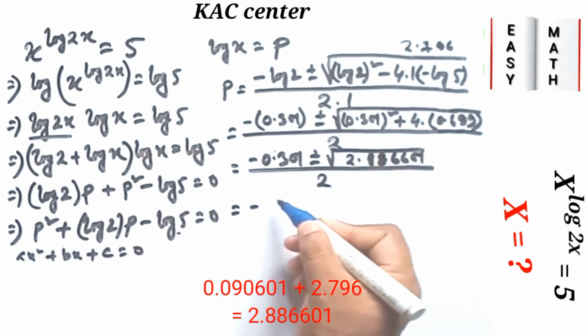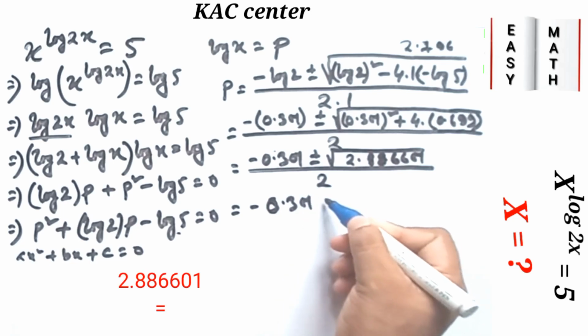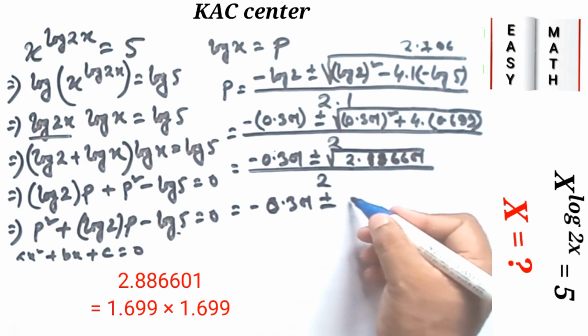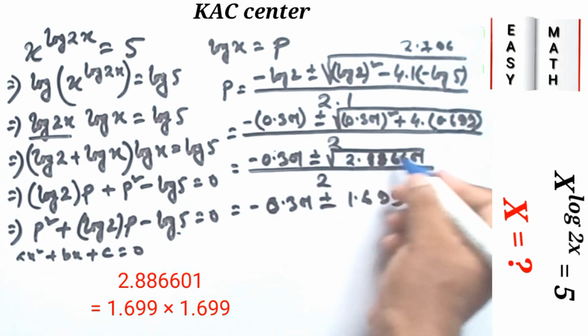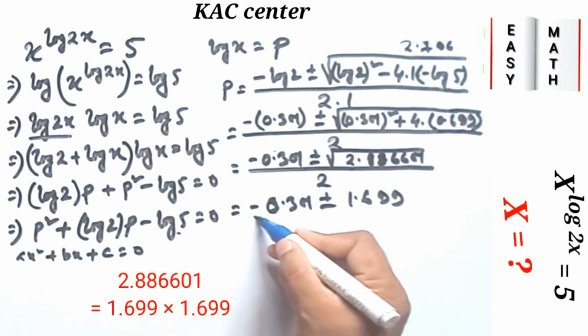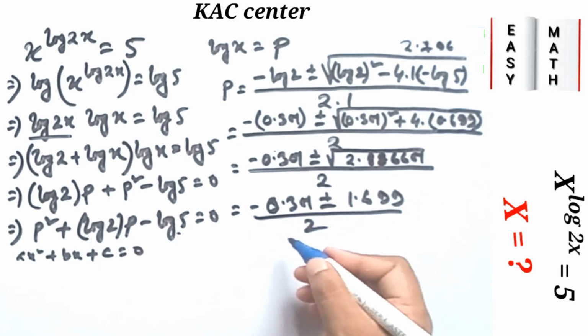And we can write minus 0.301, and plus minus this 1.699, this root, and divide these two.